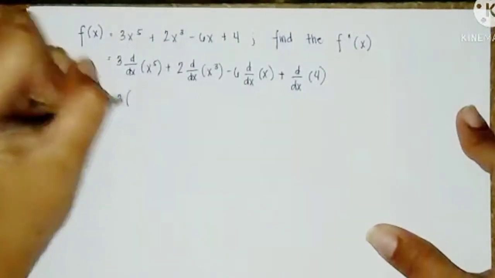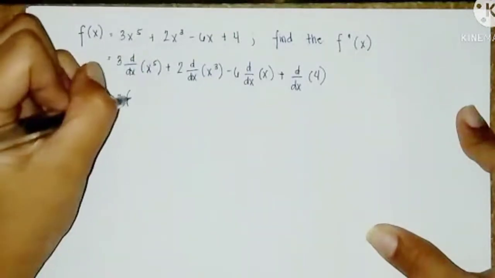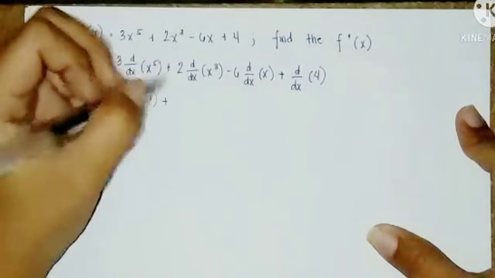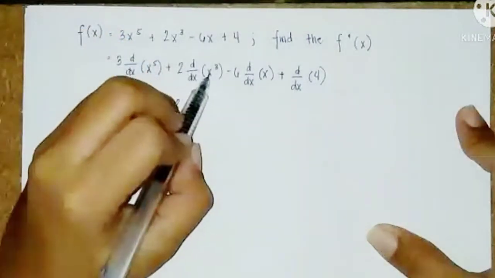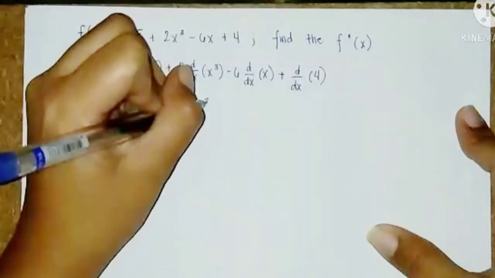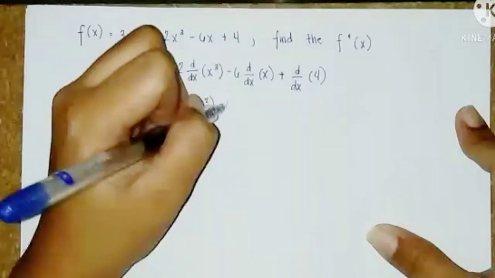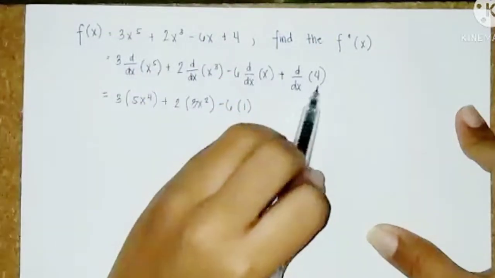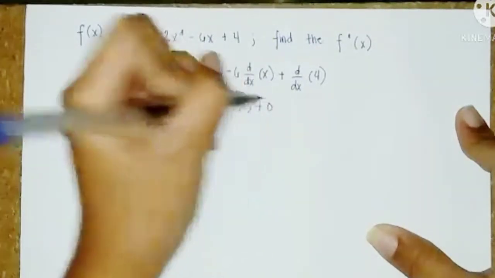So to simplify, let us have 3, then the derivative of x raised to 5 is 5x raised to 4 plus 2, then the derivative of x cubed is 3x squared minus 6, then the derivative of x is 1, and then the derivative of 4 is 0.